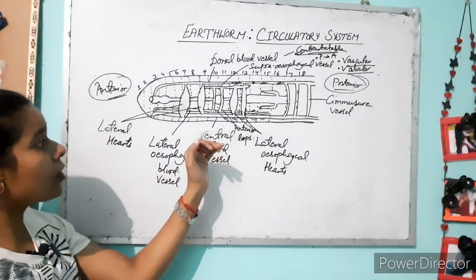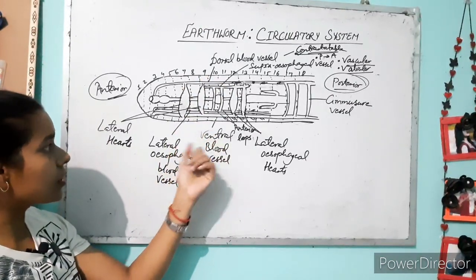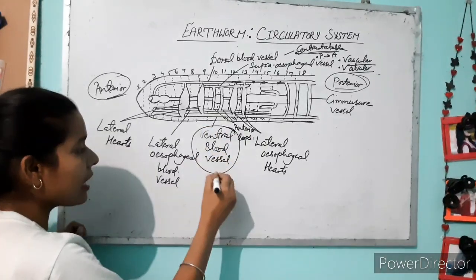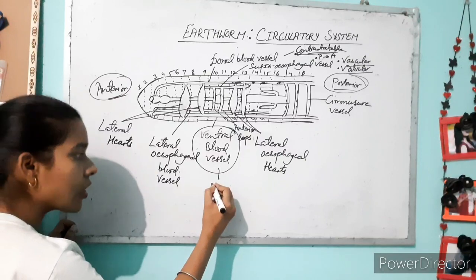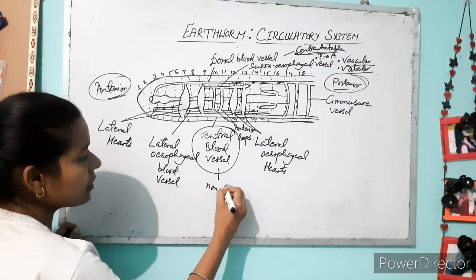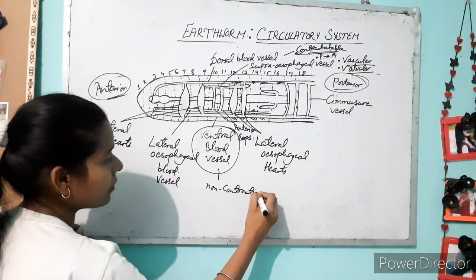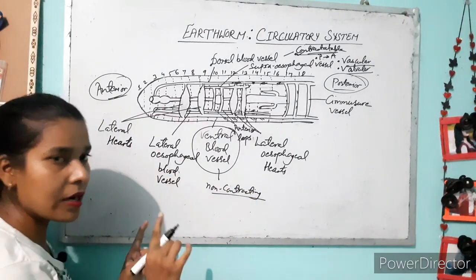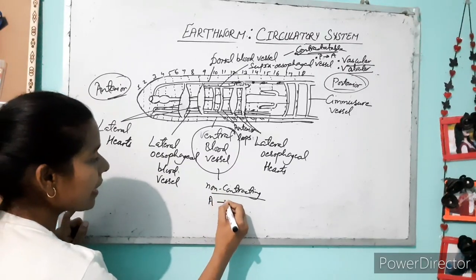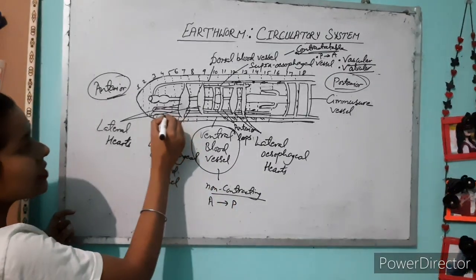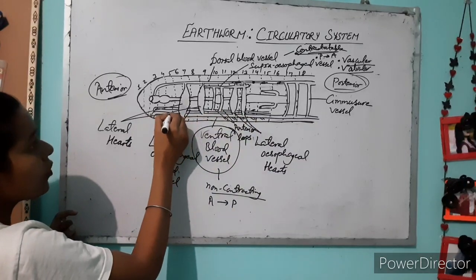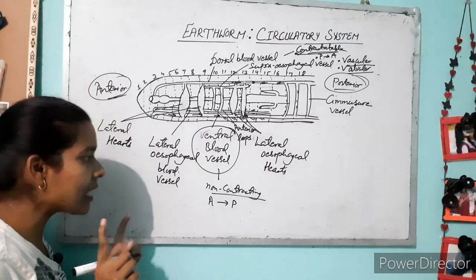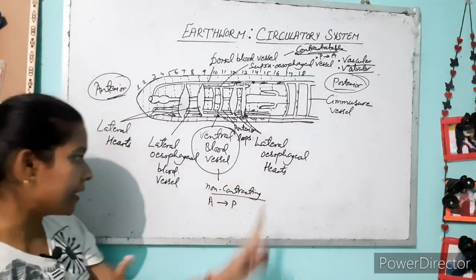Let me talk about the ventral blood vessel. The ventral blood vessel is not contractable, means it is non-contracting. It will never contract, and the flow of blood will be from anterior to posterior.